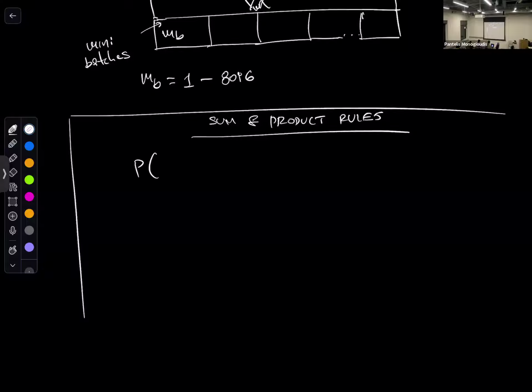So I will present the sum rule now, which goes as follows. If someone gives you something about a joint and asks you something about the marginal, the sum rule is applicable. This operation is called the marginalization operation.